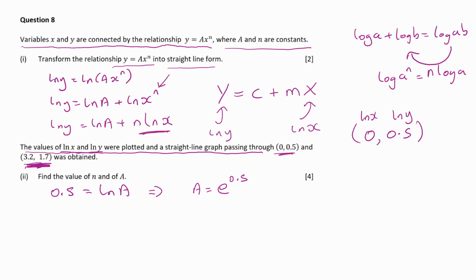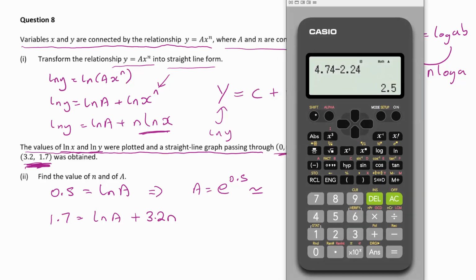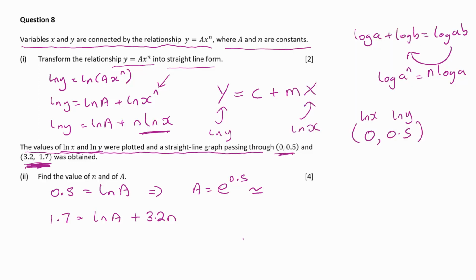we have that 1.7 is equal to ln a plus 3.2n. So we can give an approximate value for this. So we've got e to the 0.5 is 1.65, correct to 2 dp.